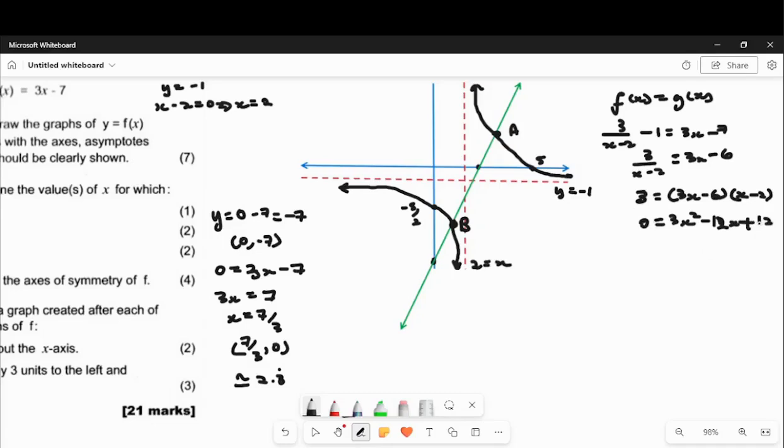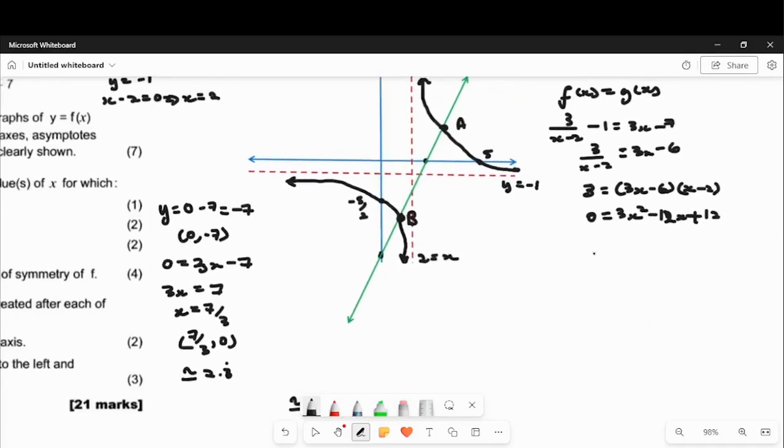And then transposing the positive 3 to the other side, it's going to be a minus 3. And so I can simplify this and say 3x squared minus 12x plus 9. I can divide everything by 3 just to make it easier to factorize. So it's x squared minus 4x, then this will be a positive 3, right?